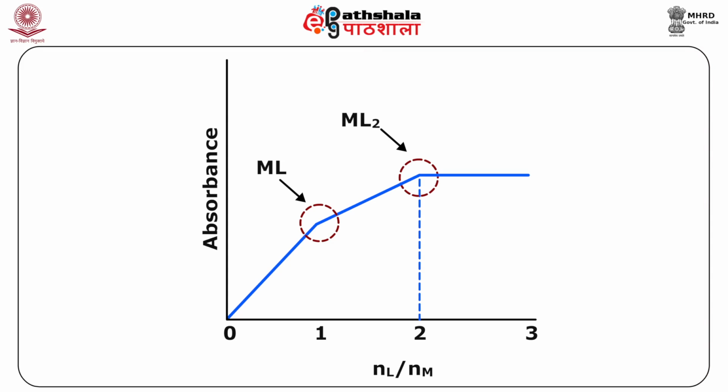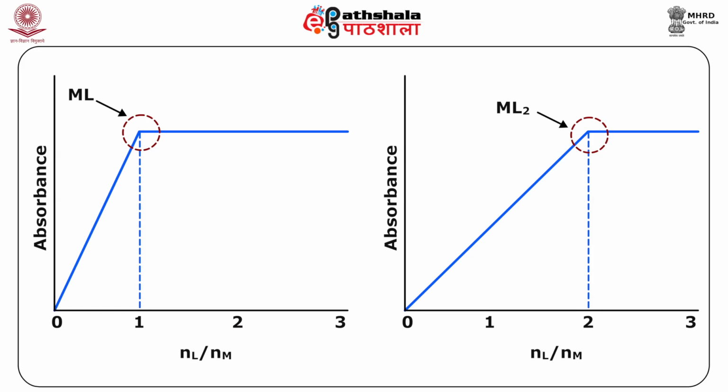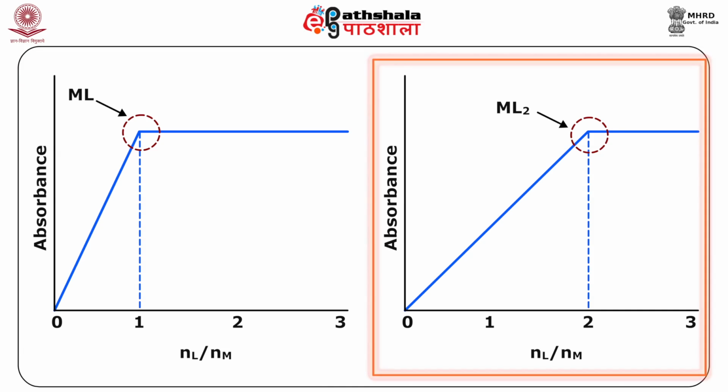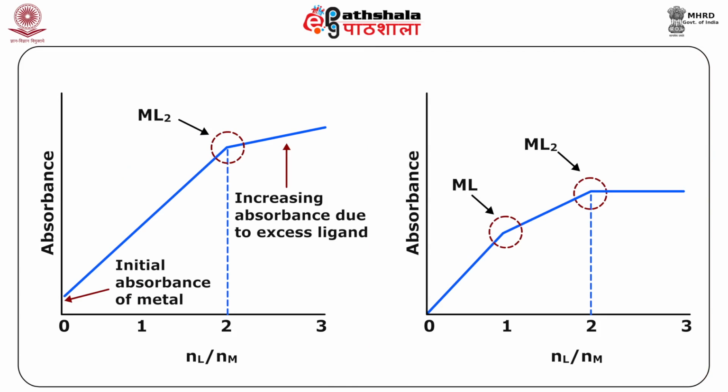The mole ratio plot can also be obtained for stepwise complex formation, like the ML complex and ML2 complex, shown in figure 2b. One shows the mole ratio plot for the formation of a metal-ligand complex with increasing mole fraction of ligand, 1:1 metal-ligand ratio and 1:2 metal-ligand ratio.